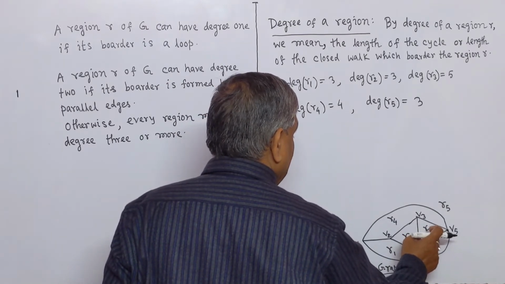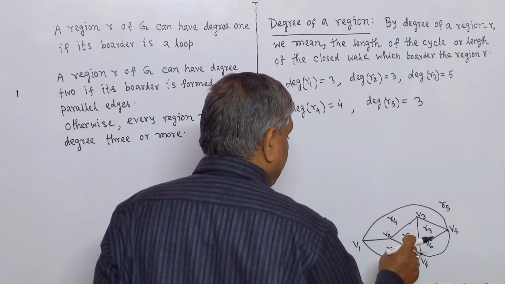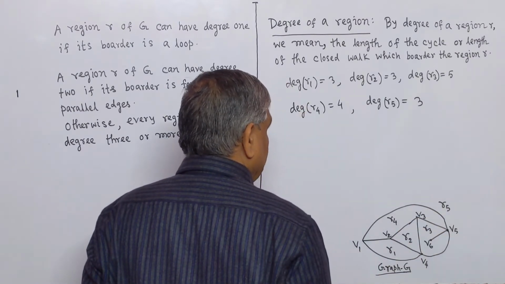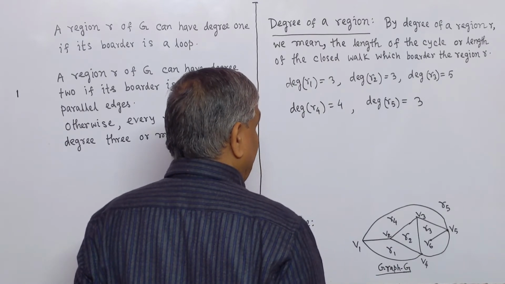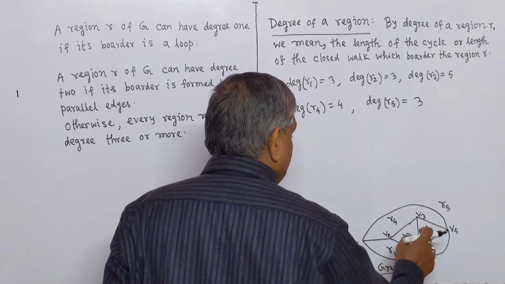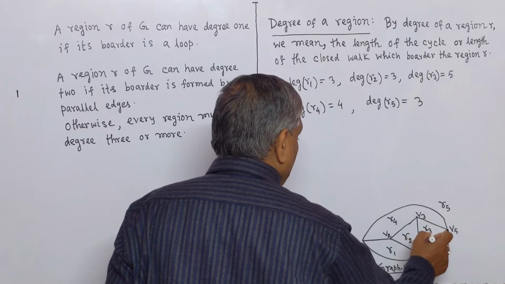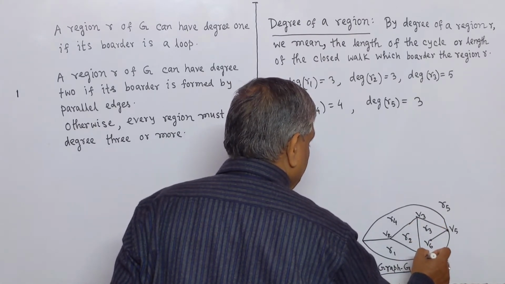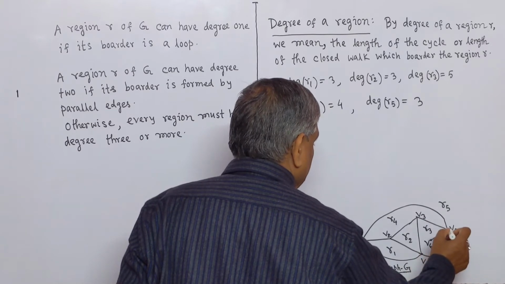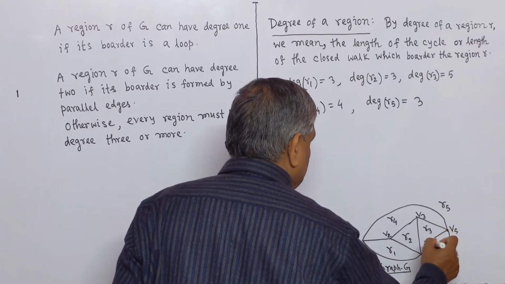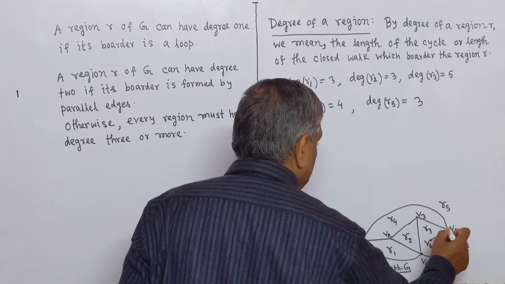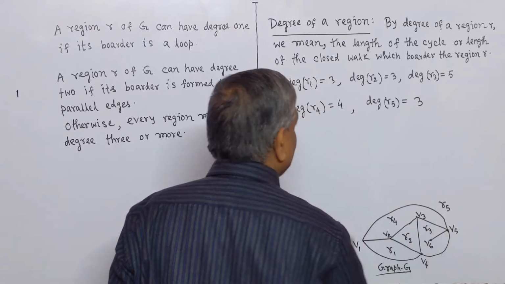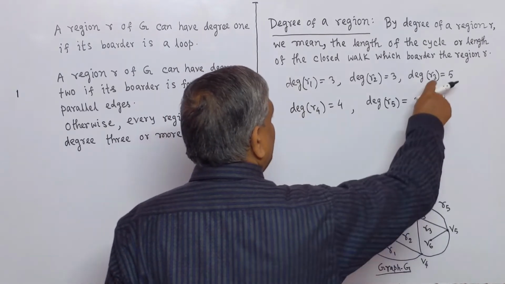Here region R3 is not made by a cycle. It is made by a closed walk. Here for the closed walk we have edges V3, V4, 1, V4, V5, 2, V5, V6, 3, V6, V5, 4 and V5, V3, 5. So degree of R3 is 5.